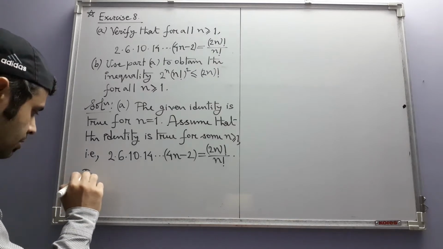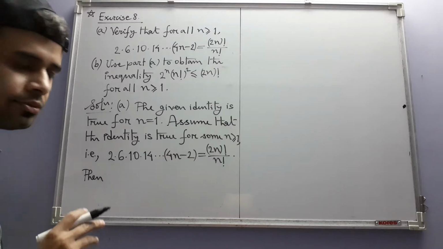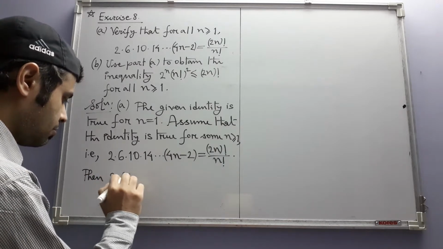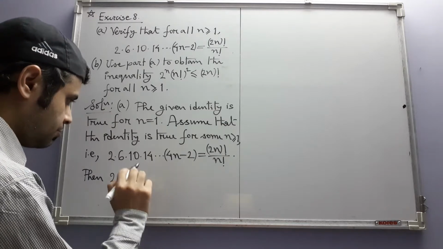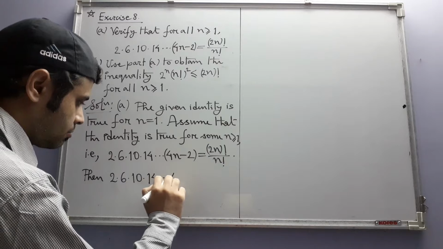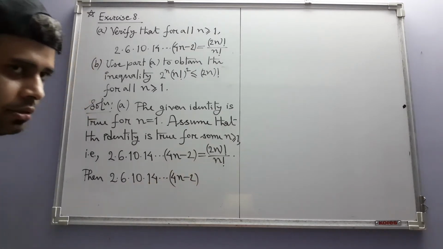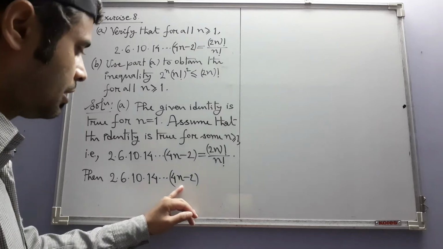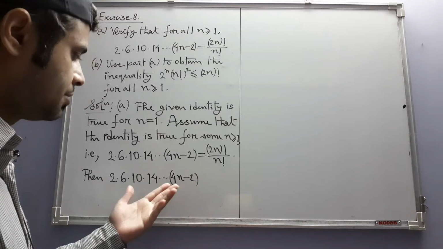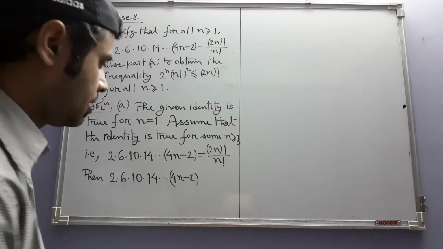Then we are going to consider the case where in place of n we have n plus 1, that is one more factor. What will the next factor be? To see what that is, you replace n by n plus 1, that gives us 4n plus 4 minus 2, that means 4n plus 2.